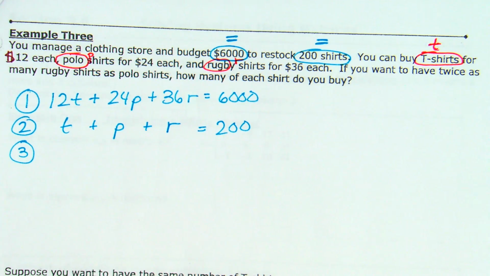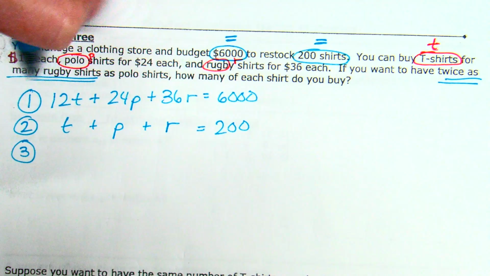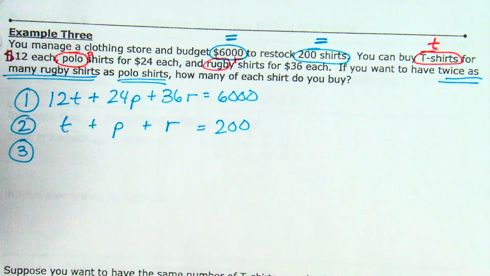go down to that last sentence for our third equation. If you want to have twice as many rugby shirts as polo shirts, how many of each shirt do you buy? Twice as many rugby shirts as polo shirts. So which one do I want more of? Twice as many rugby shirts.